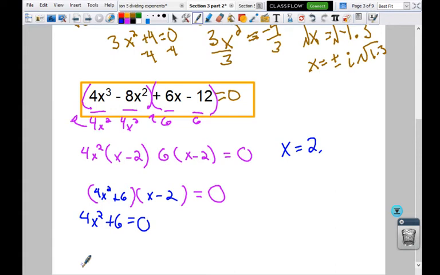No. There's a step in between. You're going to divide by 4, and it's going to be a decimal. So x squared. This is an x squared, right?